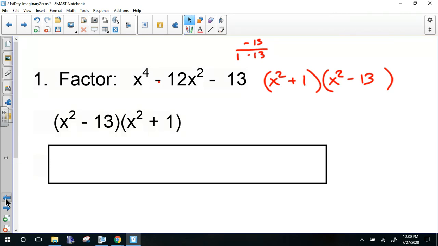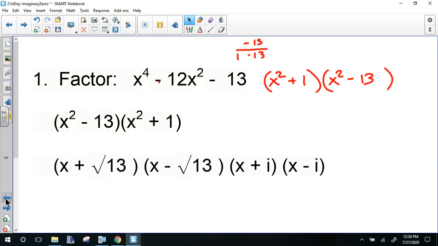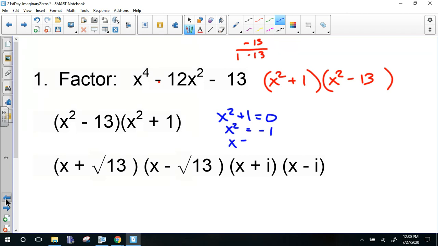Okay. x squared plus 1 does not factor. x squared minus 13 does not factor. But here's what happens. If I take x squared plus 1, set it equal to 0, I get x squared equals negative 1. If I take the square root, I know that that equals i.